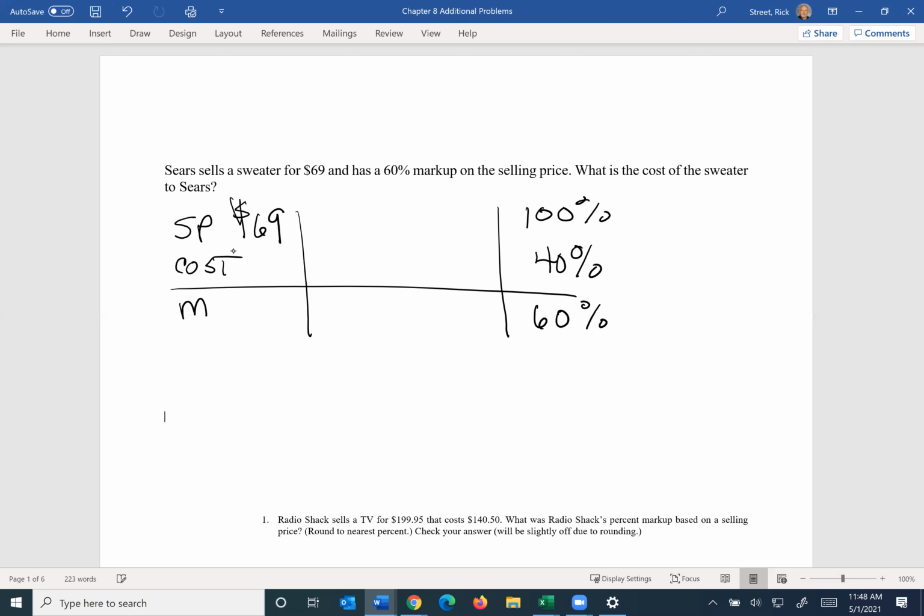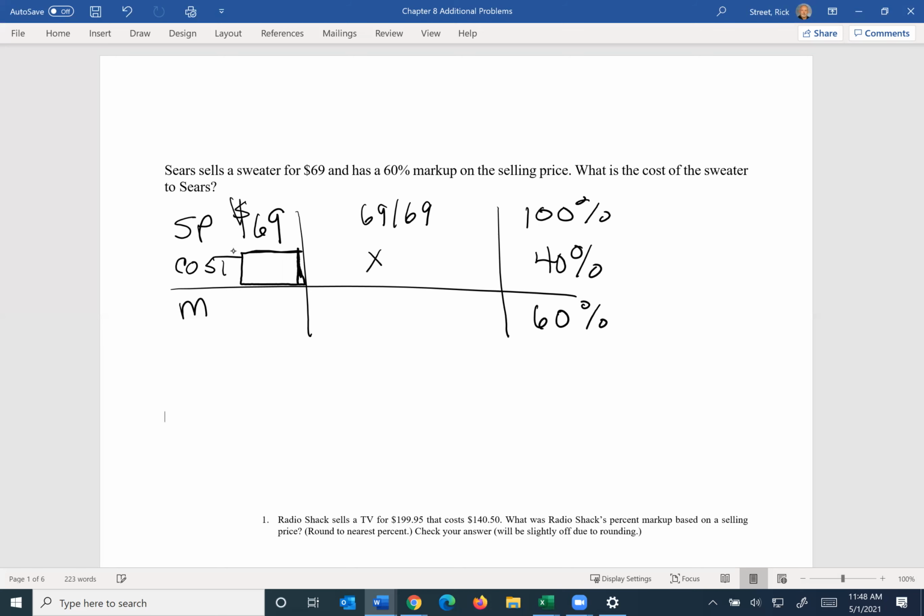And let's go ahead and fill that in and let's read the question. What does it want us to calculate? So what is the cost of the sweater to Sears? So here it is. They want this dollar value cost, and that's all they want. So if we use that formula that we just looked at and learned, we know that 69, which is the base, is 100%.